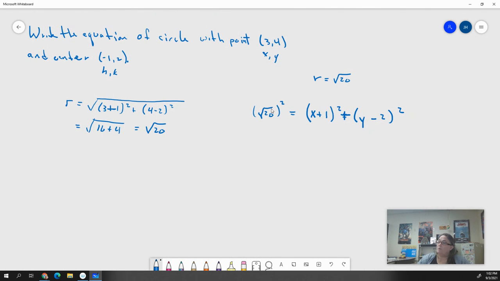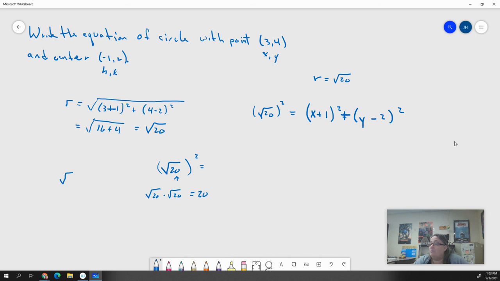What is the square of the square root of 20? If I have something in a square root and I square it, what do I get? Anyone remember this? That's like saying the square root of 20 times the square root of 20, and it just gives me 20. Anytime you square a square root, you're left with just what's under it.